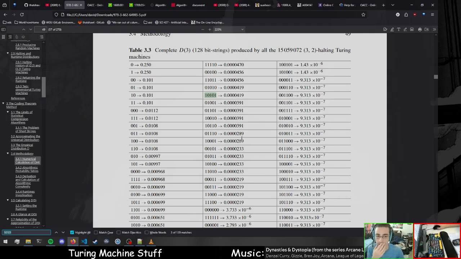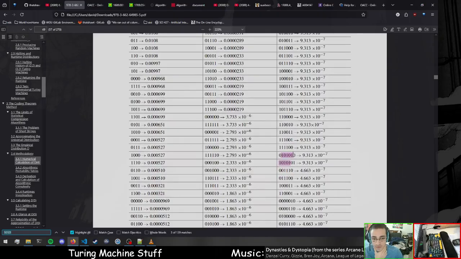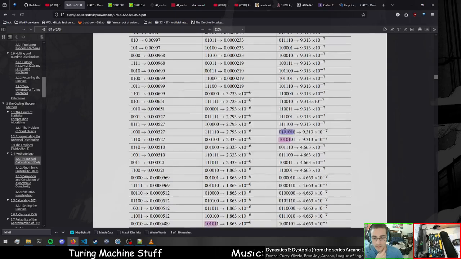What I suspect is happening is my Turing machine thing is not executing correctly, and the Turing machine that was supposed to print out this string, something happened to the output and it turned into another string. Maybe, probably a lower one. Probably something got cut off.